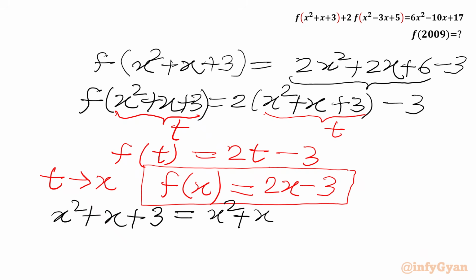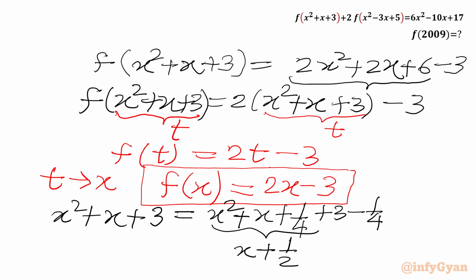Coefficient of x is 1, half of 1 is 1 over 2, square of 1 over 2 is 1 over 4. We'll add 1 over 4 and also subtract 1 over 4. Now from these 3 terms, I can write x plus half whole square. And from these two, we'll get 12 minus 1, which is 11 over 4.